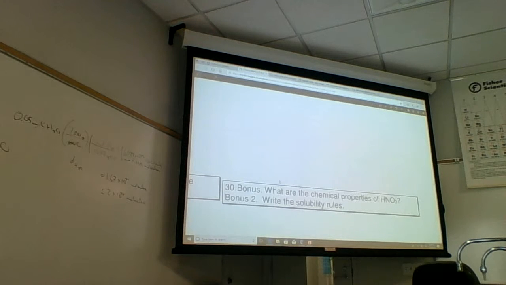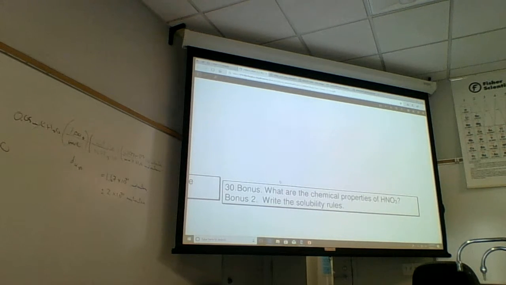I didn't finish it, but we're going to have element plus element yields compound. We're going to have a compound, it's just a reverse reaction.